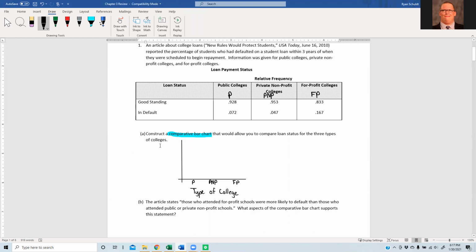Okay, so now let's see. I'm just putting in my tick marks here.